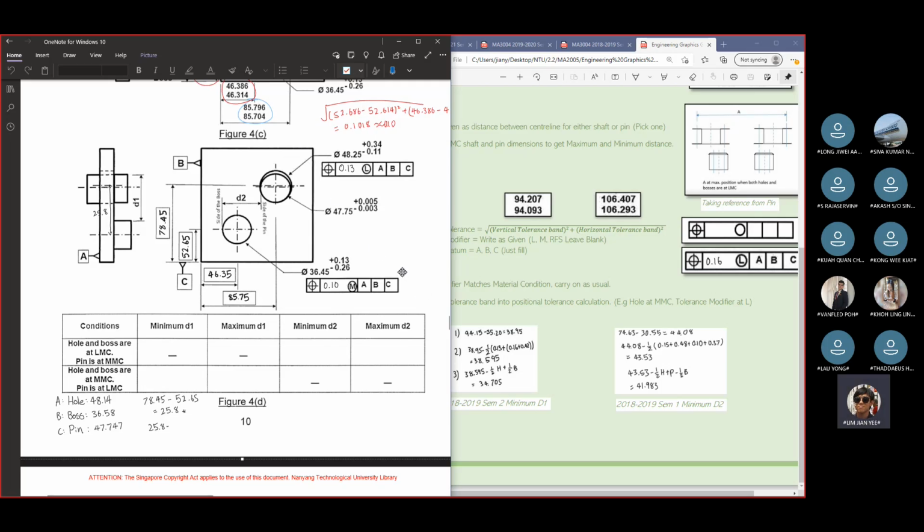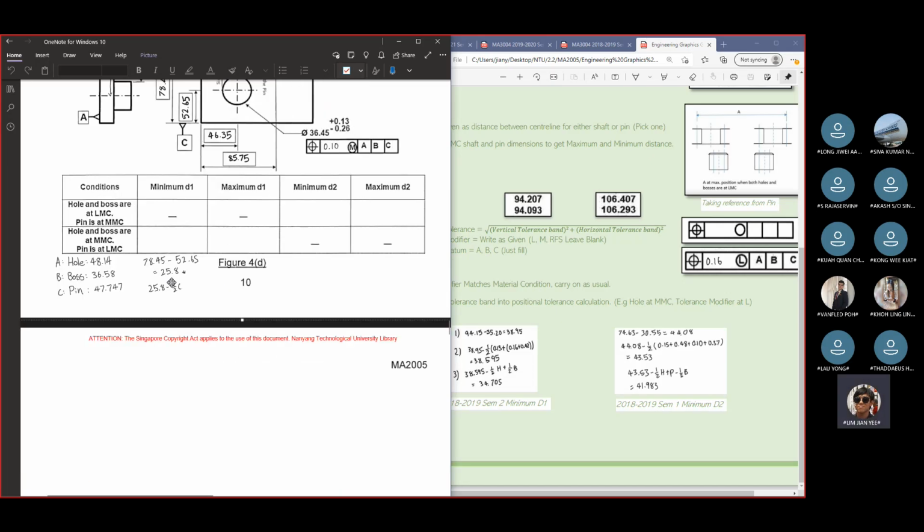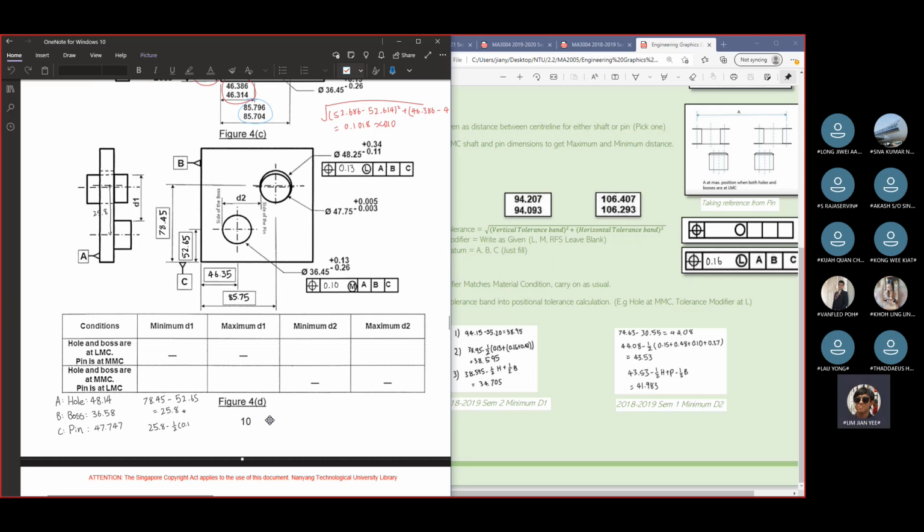So you want to half that. In this case, the pin is L and the pin is L, so you just say 0.13. Pay attention to here, it'll update. So 0.13.